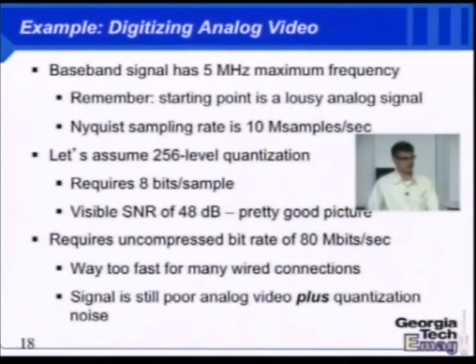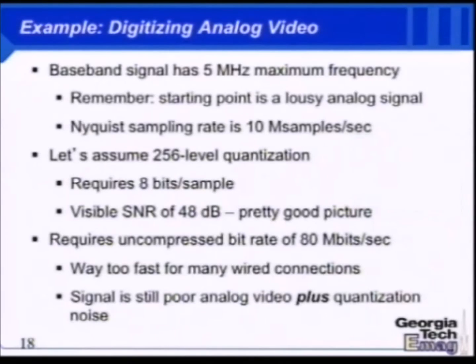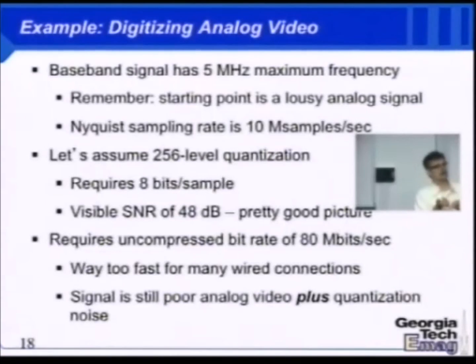It turns out that 256 level quantization is not very good for your hearing. You can actually still hear imperfections in the audio, if we had a good speaker system. This is one of the reasons why a compact disc player uses, is it 12 or 16 bits per sample? The SNR is all the way up at 96 dB.